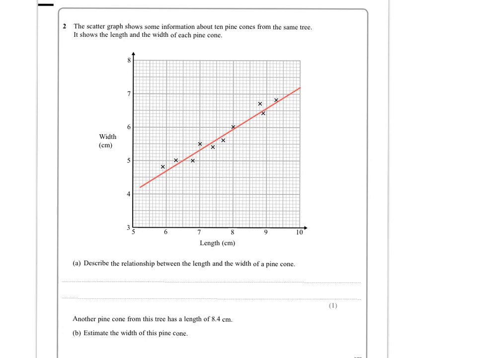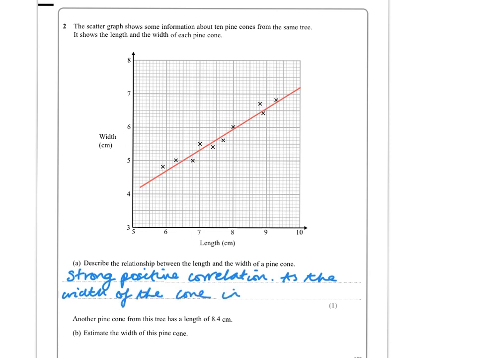And then I would say, describe the relationship between the length and the width of a pine cone. I would say it's a strong positive correlation. And I would also say in English, like a sentence, as the width of the cone increases, so does the length.